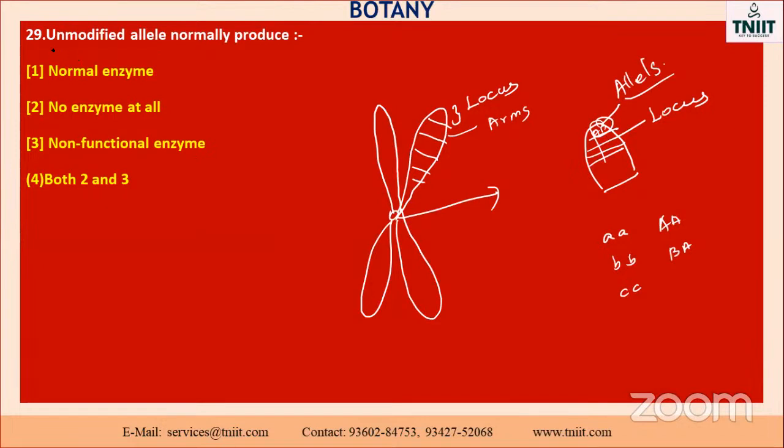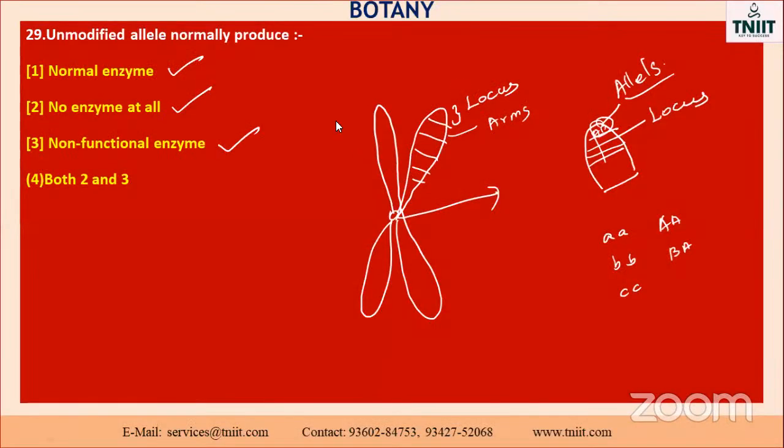Unmodified alleles normally produce normal enzyme, no enzyme at all, non-functional enzyme, or both 2 and 3. Here, which one will they give? Normal enzyme is the correct one. These are all concept based. Normal enzymes only they will produce.